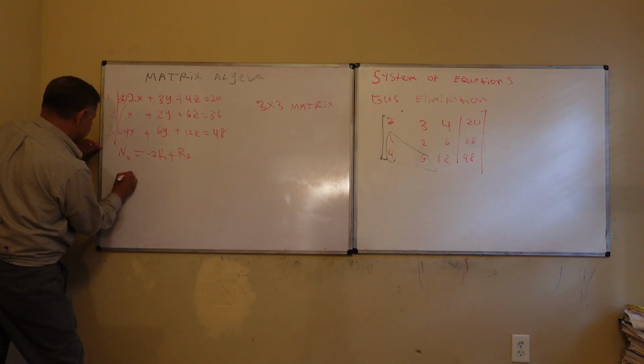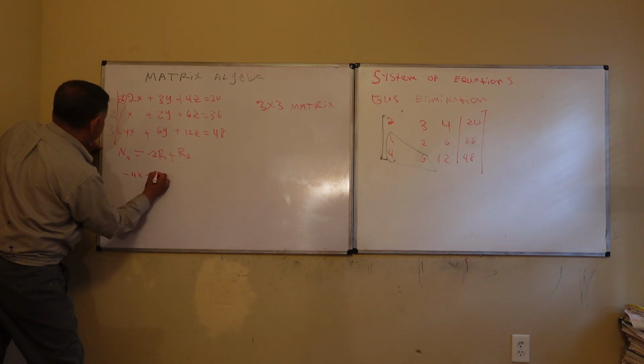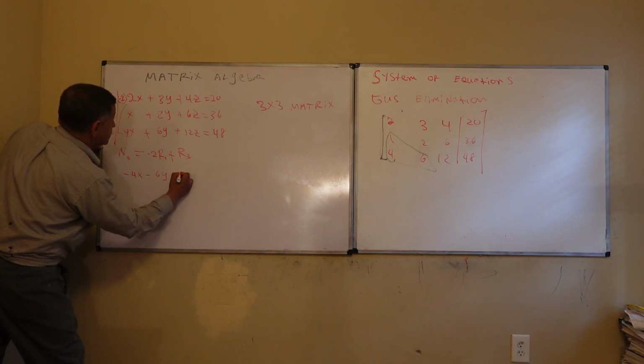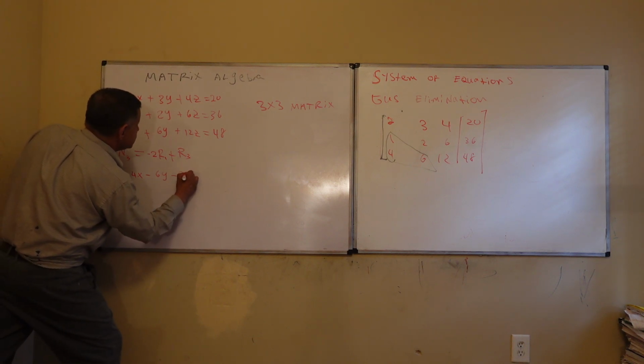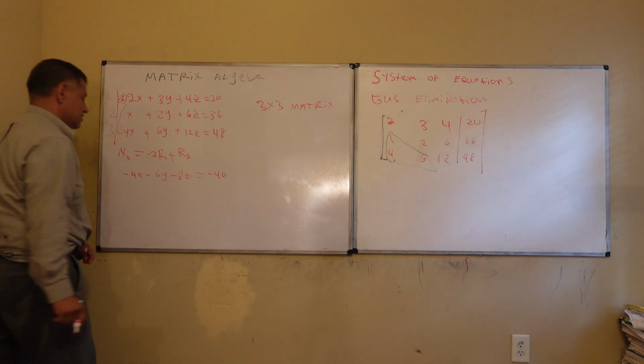So it's going to be -4x, -6y, -8z is equal to -40. I hope that's clear.